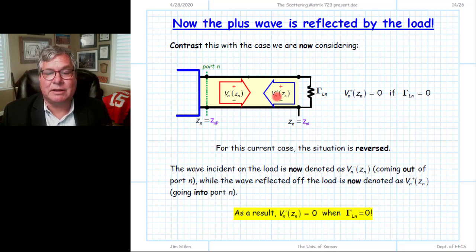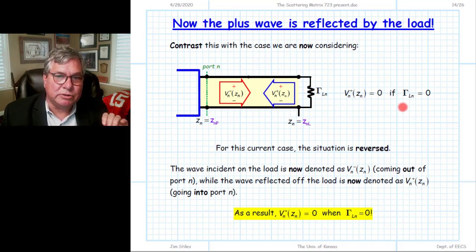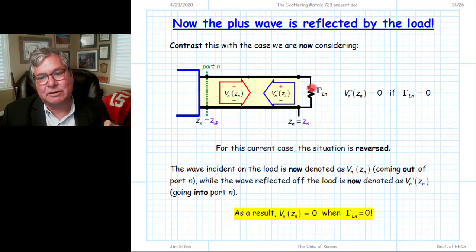The plus wave is incident on the port. Therefore, the plus wave is reflected from the load, and therefore the minus wave is reflected or scattered from the port. And so you have to go through and look at your situation and the index to be able to come up with the correct equation to express the idea that the reflected wave from a match load is equal to 0.